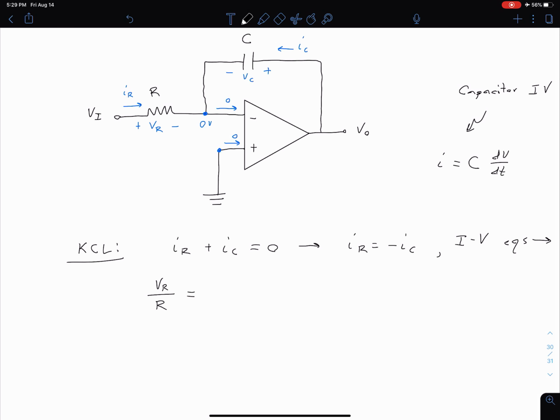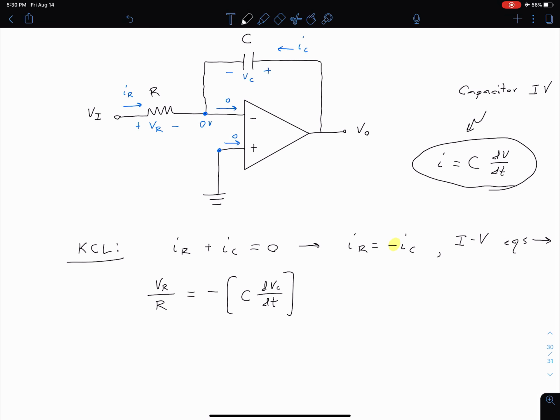Here is an equation that relates our voltage and current, so that means our passive sign convention is going to come into play here. We have the negative sign, which we had out front anyway, so we're going to keep that negative sign, and then using that capacitor IV equation, we have that IC is equal to C dVC dt. So you can kind of see where that integration, that calculus, is going to come from.